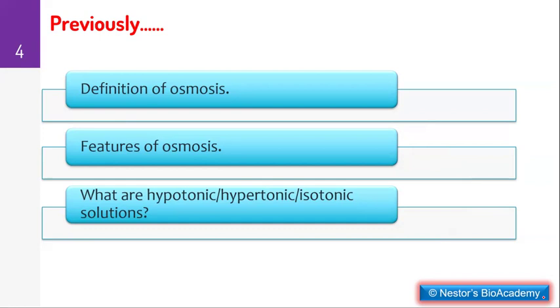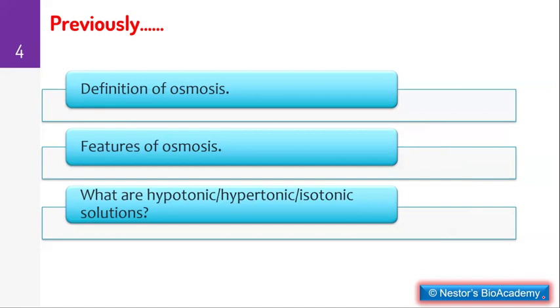Remember, we defined osmosis as the movement of water molecules from a dilute solution to a concentrated solution across a semi-permeable membrane, or you could talk of it as a movement of water molecules from where the water molecules are highly concentrated to where the water molecules are less concentrated across a semi-permeable membrane. So in a nutshell, osmosis is simply diffusion of water, because the water molecules are moving from a region where they're highly concentrated to where they are lowly concentrated.